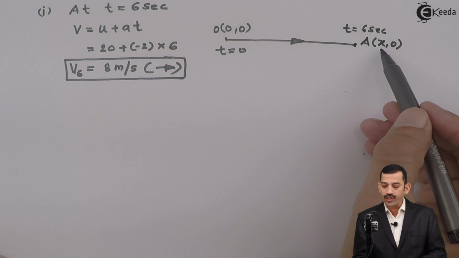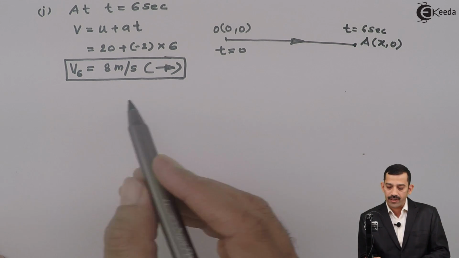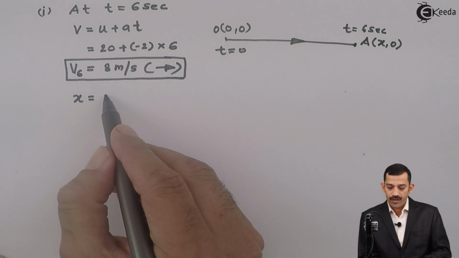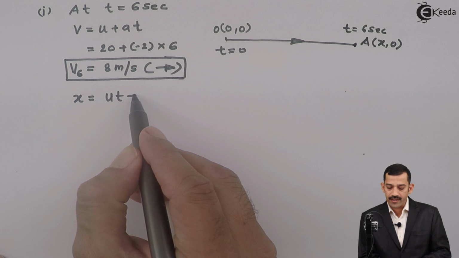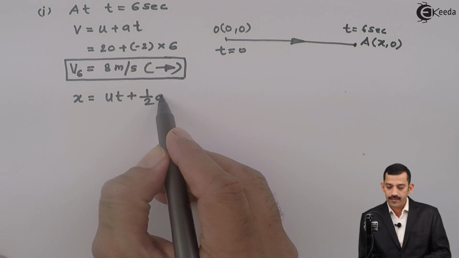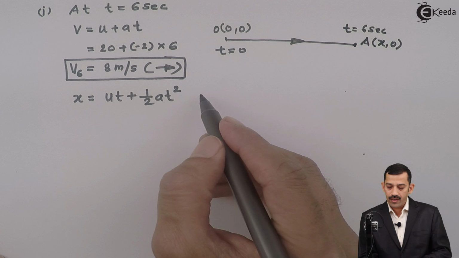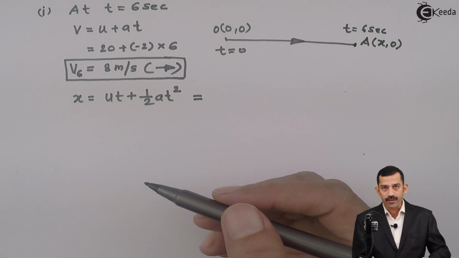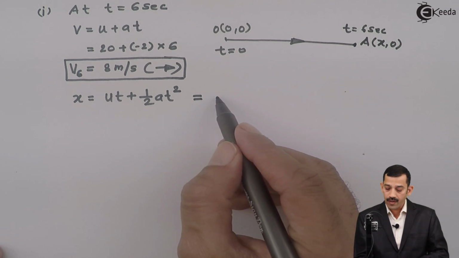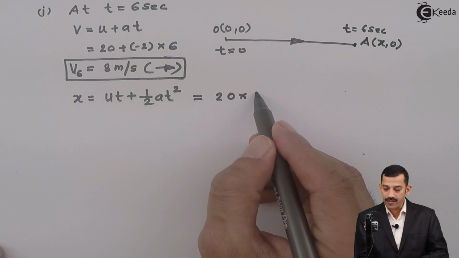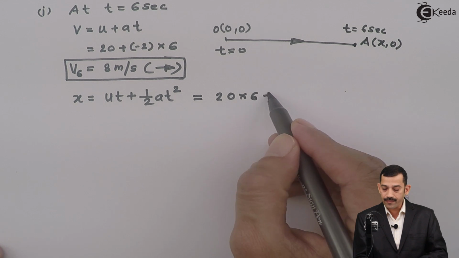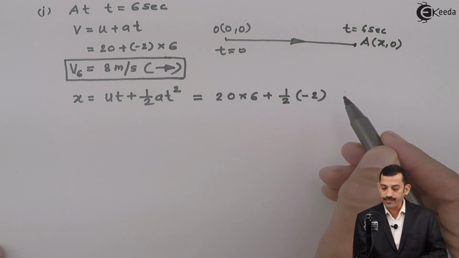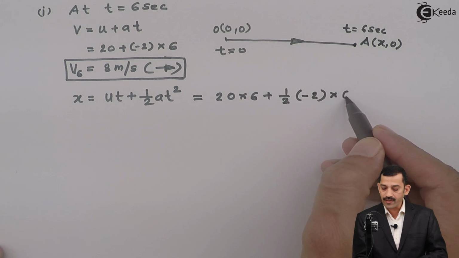How do we get position x? Using the simple equation x equal to ut plus half at square. Now if we substitute the values, u is 20 meters per second, time t is 6, plus half, acceleration minus 2, and time is 6 seconds.